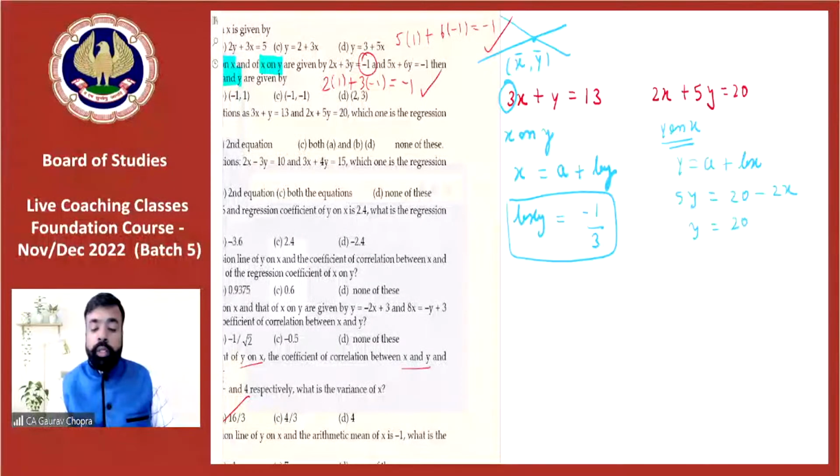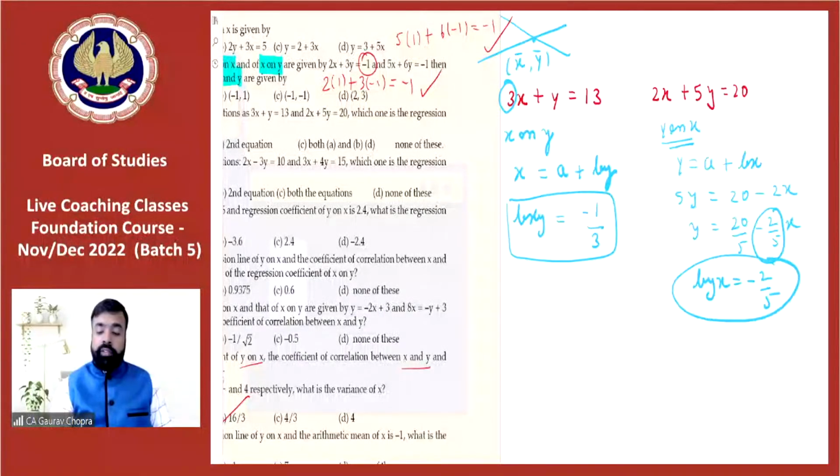The second equation gives y equal to 20 by 5 minus 2 by 5x. So b yx is minus 2 by 5. Both of the values are negative, and both are less than 1. Since they are less than 1, r will also be less than 1.